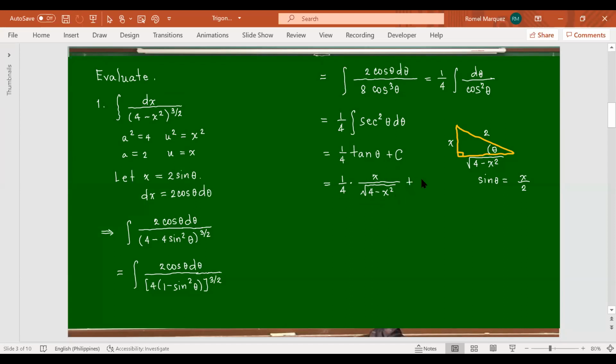So the answer is x over the square root of 4 minus x squared, plus c. Any question with this, guys? Guys, do you have any question with that? None, sir.